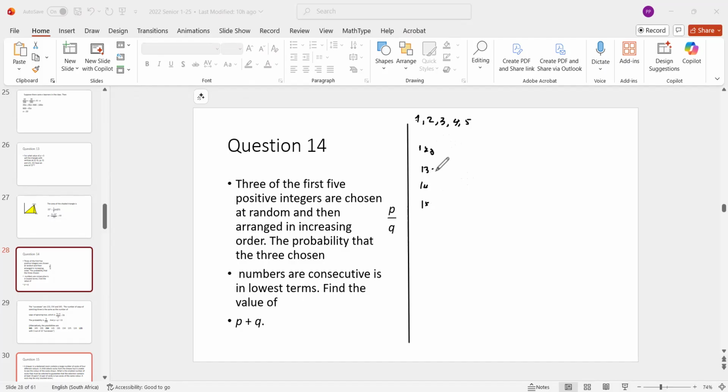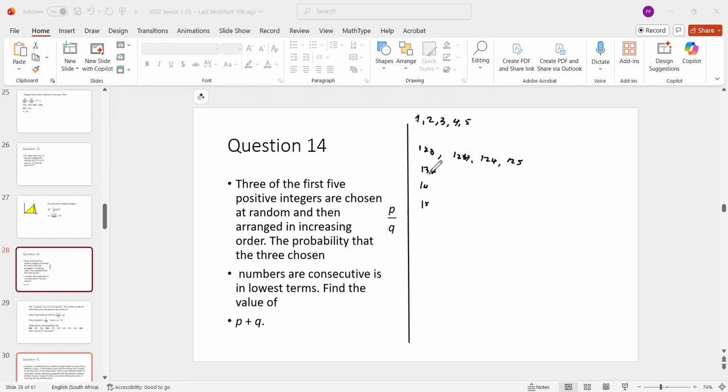So 1, 2, 3, 1, 2, 4, 1, 2, 5. Okay, starts with 1, 2. You'll have 1, 2, 3, 1, 2, 4, 1, 2, 5.